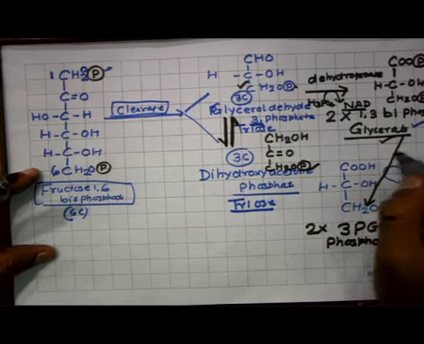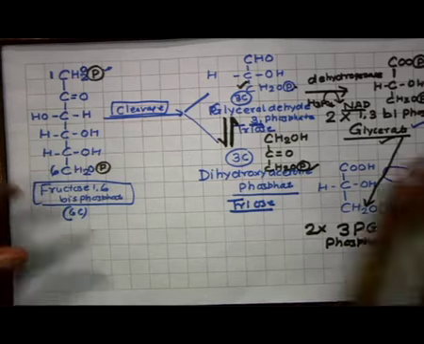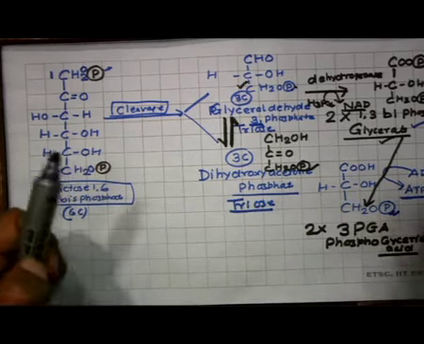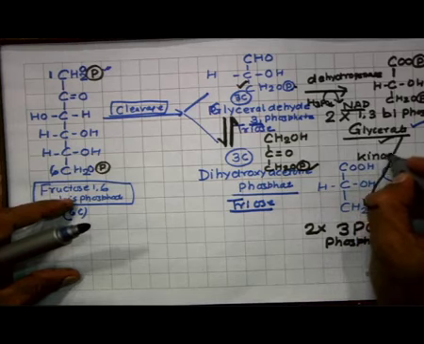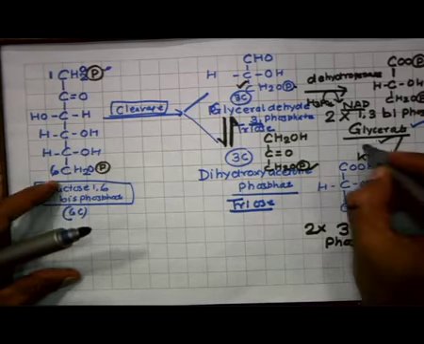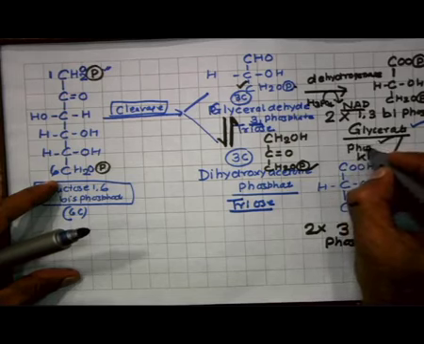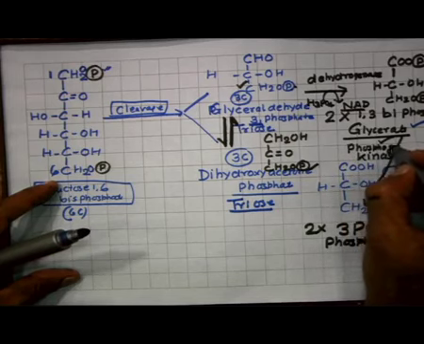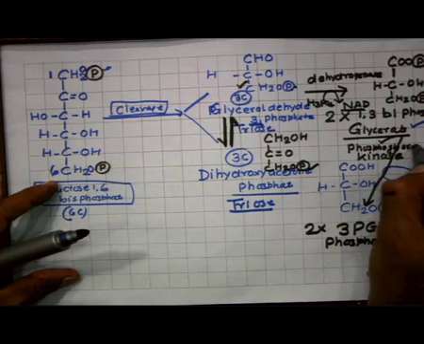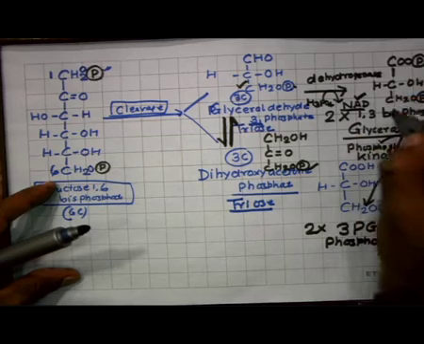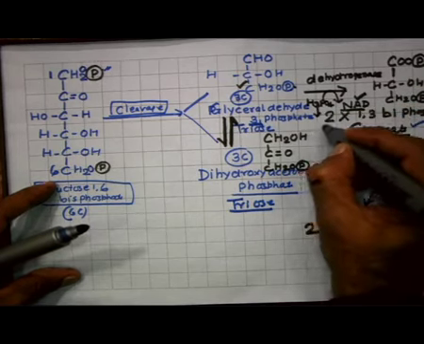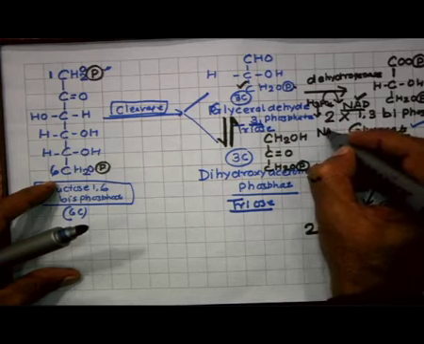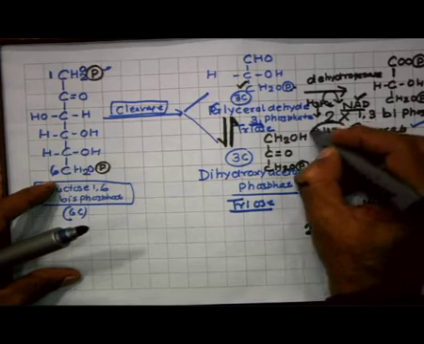Now, as we already know where ATP is used, the enzyme involved is kinase. Here the name is phosphoglycerokinase, and this NAD combines with hydrogen to form NADH2.